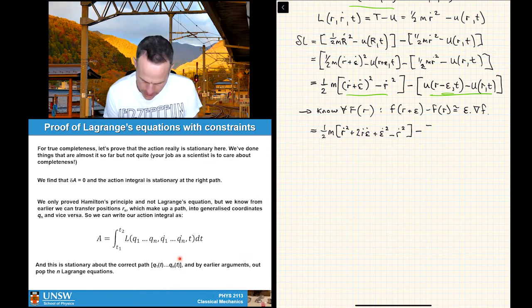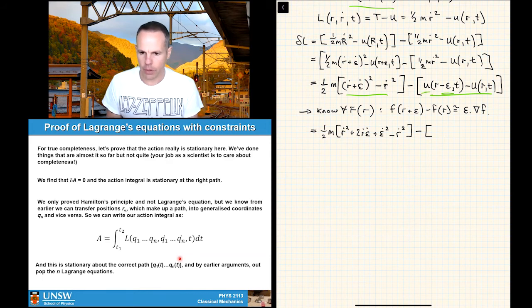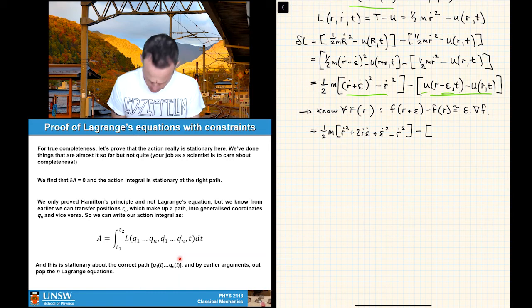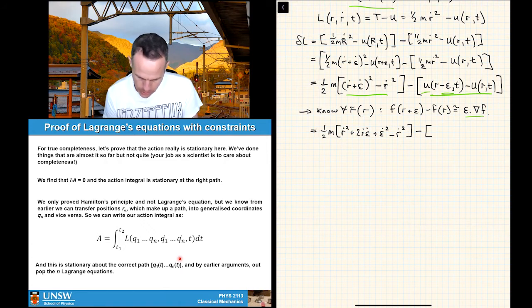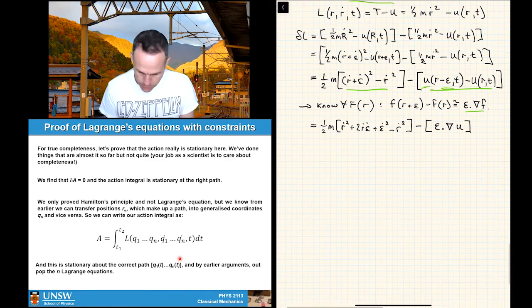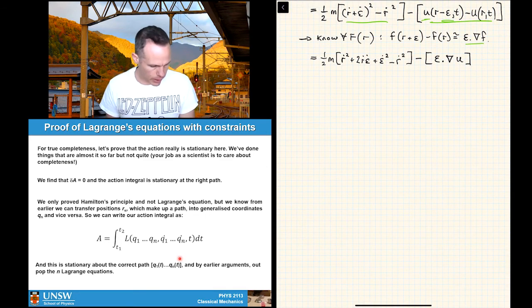And the term on the right is a scalar function u; when we take the difference of a scalar function between two different points, we can get this. So we just have to make substitutions here. This will be epsilon dot grad of u. Fairly straightforward switch over.